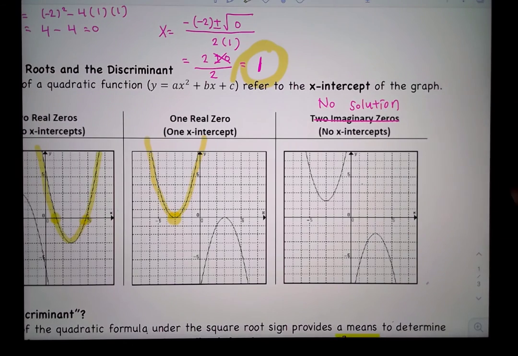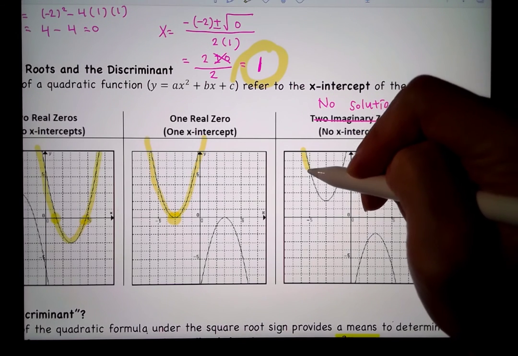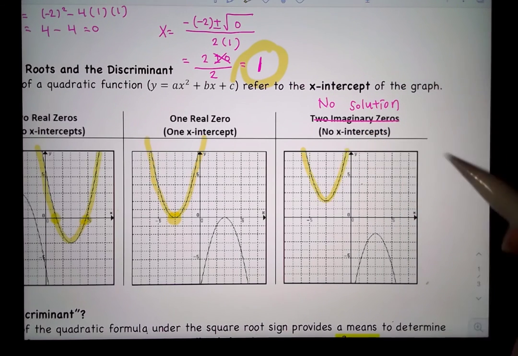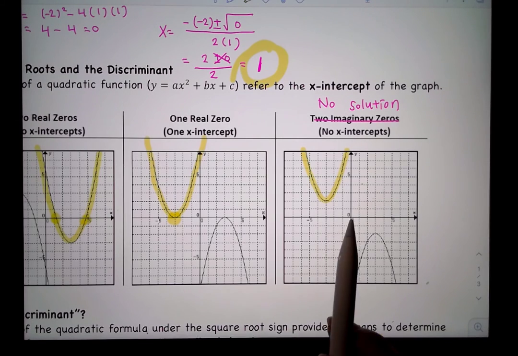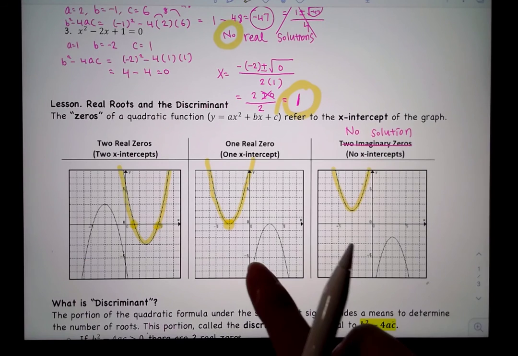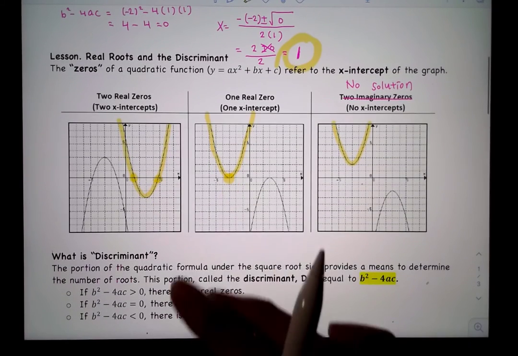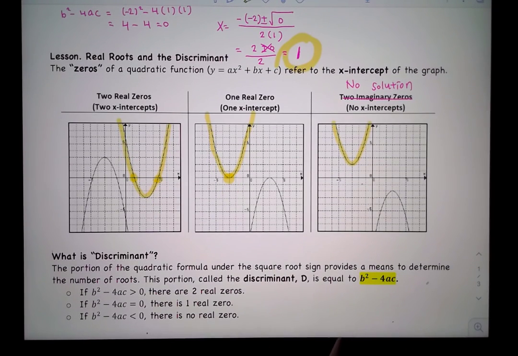If you don't like it, you don't have to. So no solution, then what? There's no x-intercept, so your graph is just above the x-axis like that. There's no x-intercepts, right? And these three functions are just like when your a is negative, right? So this is how we can connect the number of zeros and the number of x-intercepts, right?